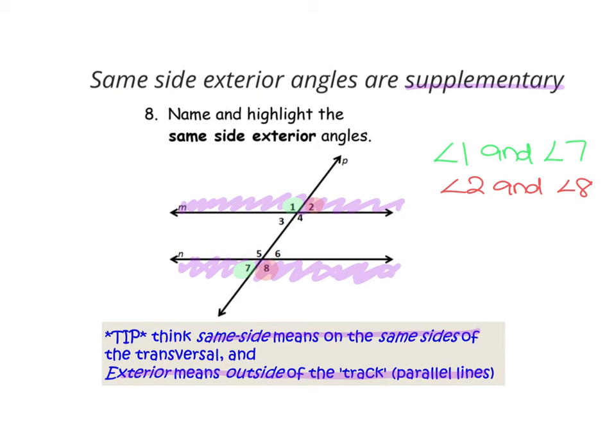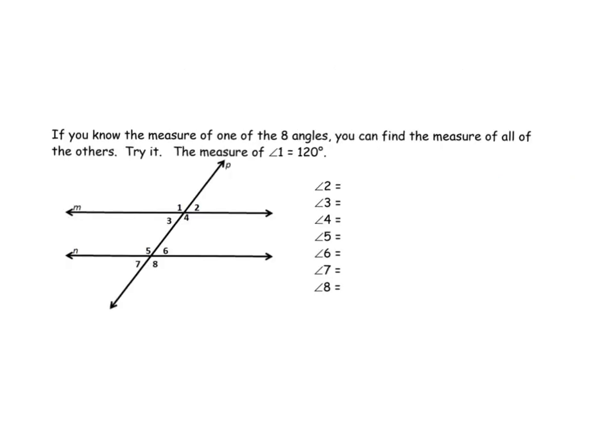And then angles 2 and 8 are both on the right side and on the exterior. And again, 2 is an acute angle, 8 is an obtuse angle. So if I put those together, then they're going to create 180 degrees.